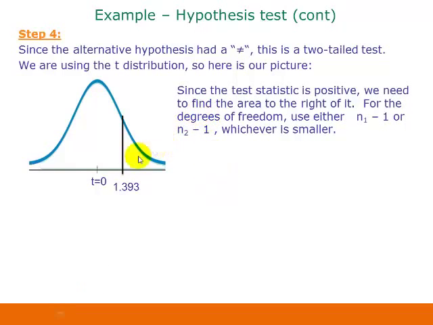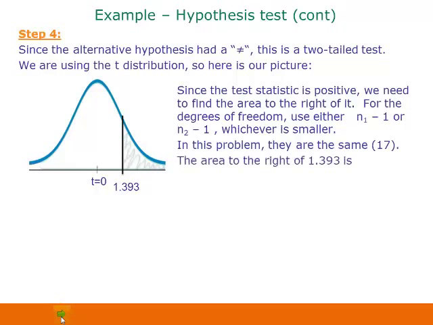So we're going to find the area to the right of our test statistic. And here for our degrees of freedom, we use either n sub 1 minus 1 or n sub 2 minus 1, whichever one is smaller. In this problem, they're both the same, 17. So we'll use 17 degrees of freedom.